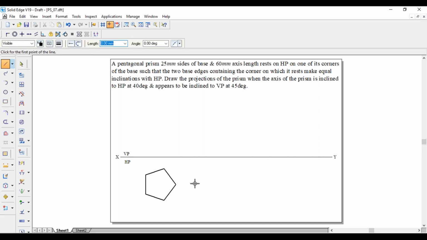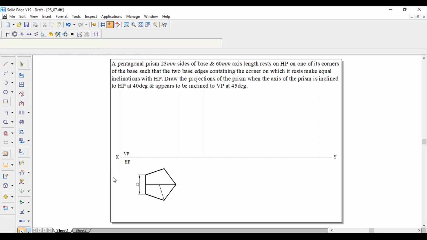Now to get the center, from the corner to the opposite edge midpoint, draw a line. Similarly, from another corner to the opposite edge midpoint, draw a line. This is 25 mm.